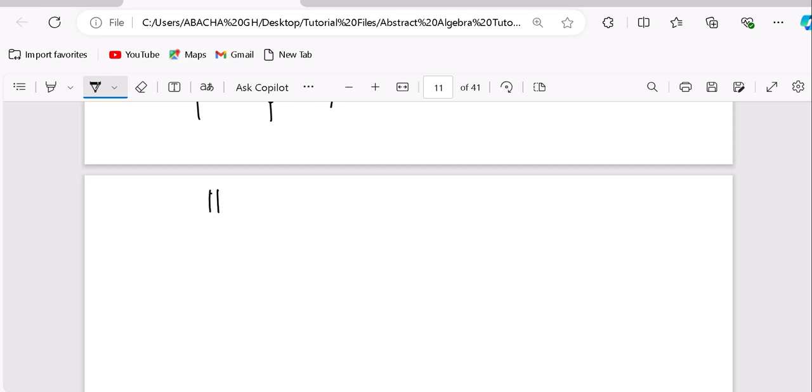So I have 11x1 is congruent to 4 mod 5. But I want a number such that when I multiply it by 11, I'll get 1 mod 5. What will that number be? Well, that number is just 1, because if I multiply 1 by 11, I'm getting 11 mod 5, I'll get 1.